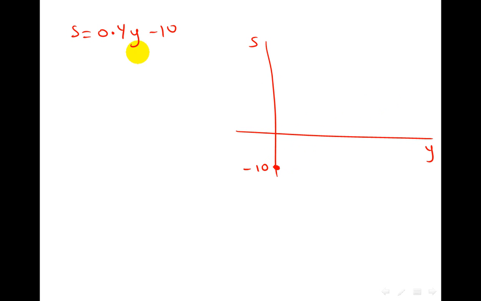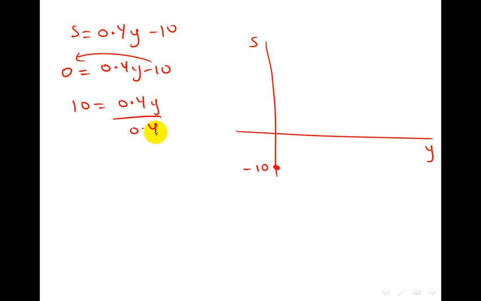You can plug in instead of y whatever number you want, or to know what will be the point on this line, as you know, s is 0, so instead of s you can put 0 equals 0.4y minus 10. Bring this one back. 10 equals 0.4y. Divide both sides by 0.4. Y equals 25.